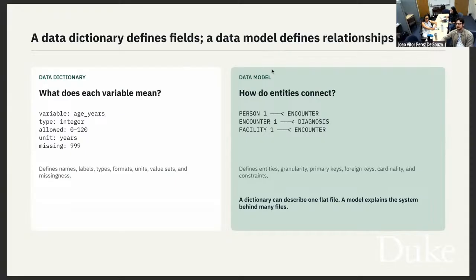Whereas when you talk about a data model, we really talk about how the entities connect. By entity, you are talking about semantics. You're talking about the meaning of the data that you're collecting. So for instance, a person or a patient can have an encounter. An encounter can have a diagnosis.